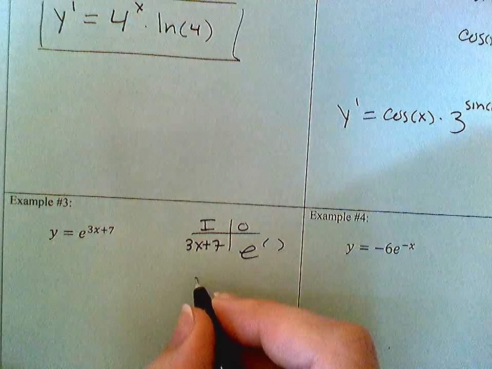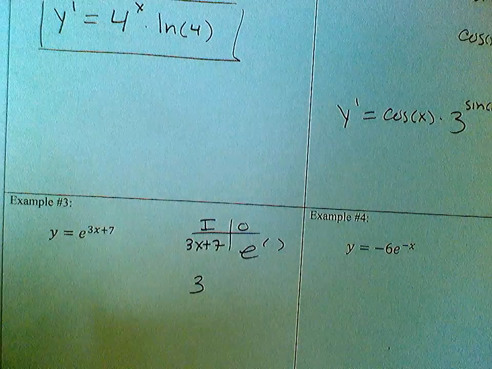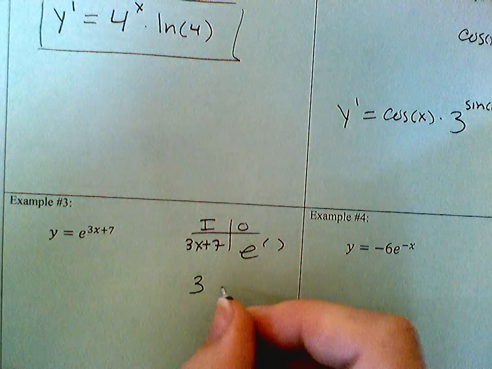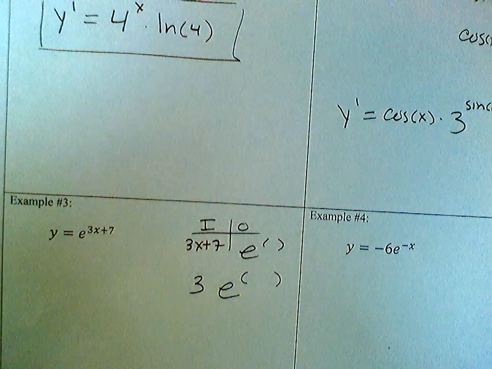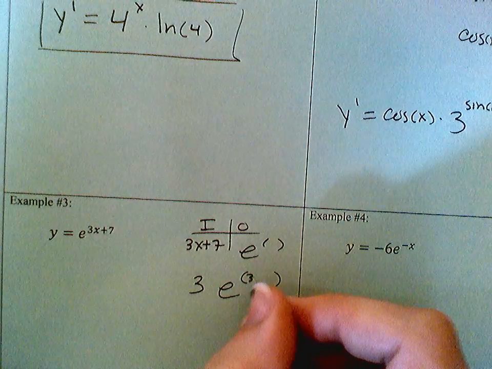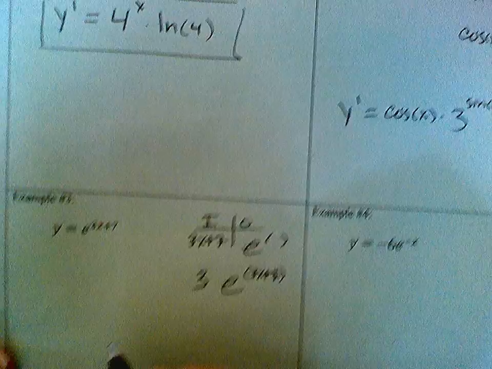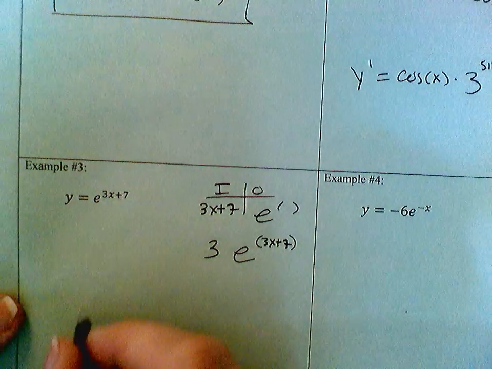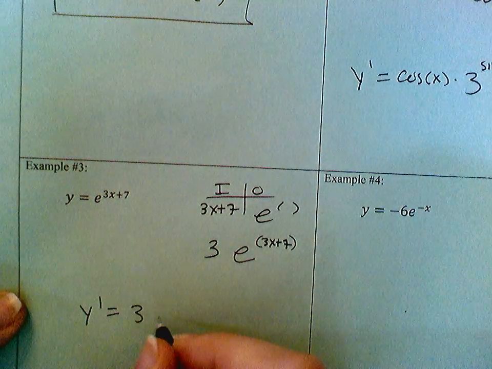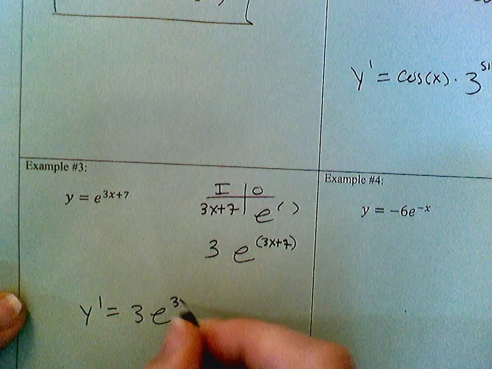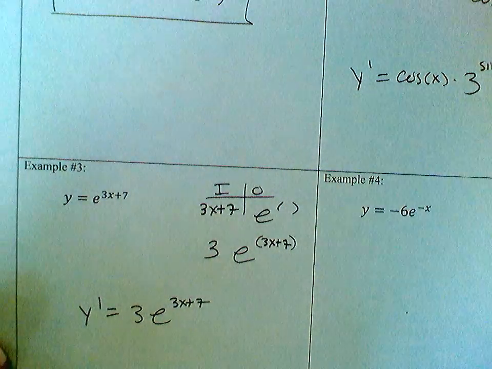The derivative of that is 3. And the derivative of e to the blank is just e to the blank. But what goes back in, what was in there to begin with? Okay, so the derivative here is y prime equals 3e to the 3x plus 7.